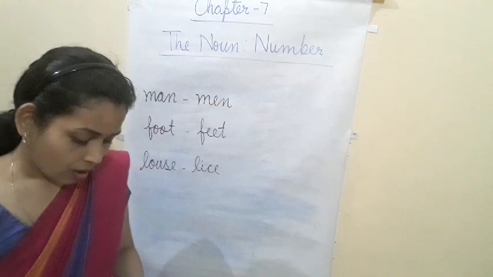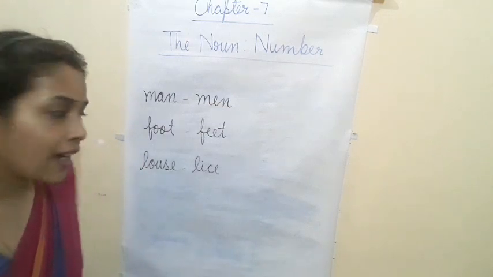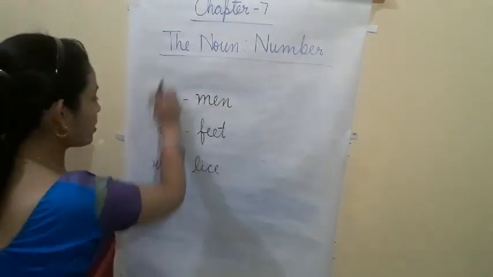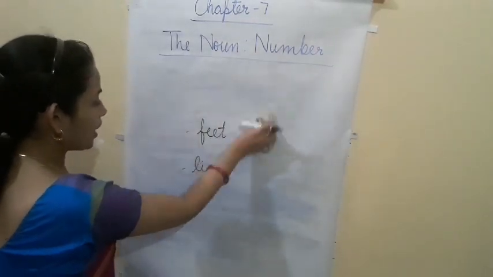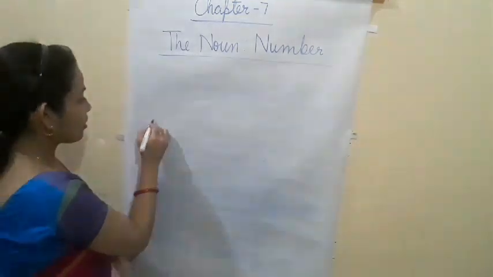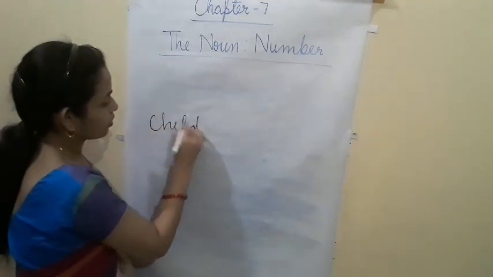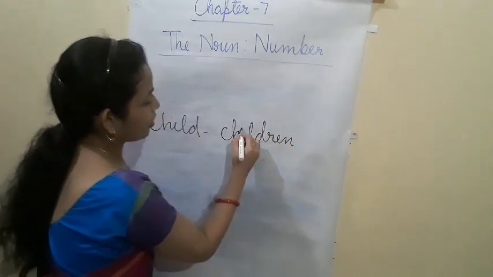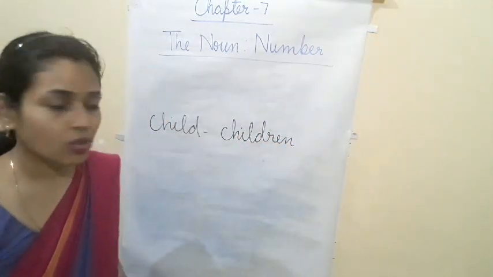Okay. Now some nouns like child, we change into, what is the plural of child? Child is singular, and the plural of child is children.